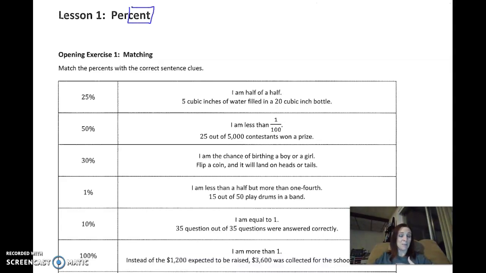Percent means, okay? Think of where you've heard cent, maybe in cents in a dollar, or a century. If you think how many cents are in a dollar, how many years in a century? Well, basically, this just means per 100.